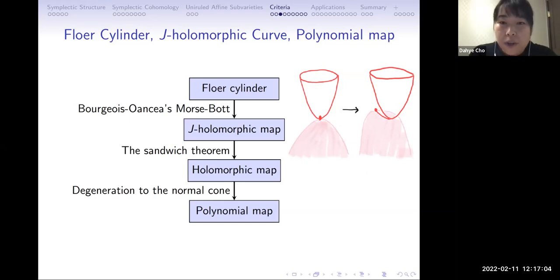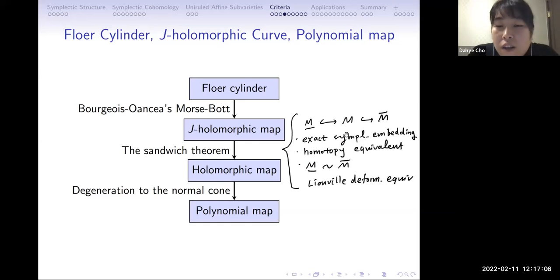And we need another ingredient, the sandwich theorem. M is an affine variety. M underbar is a Liouville domain, intersecting with a large ball, and M upper bar is a larger one.